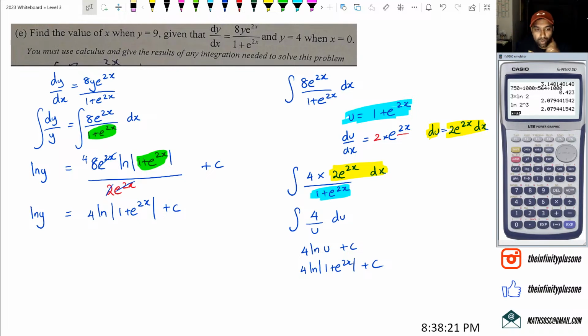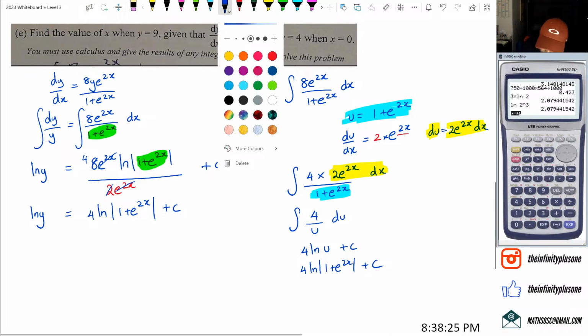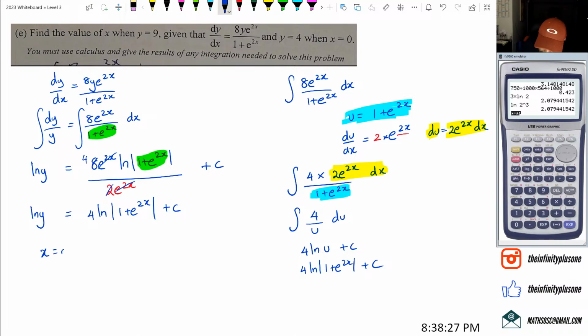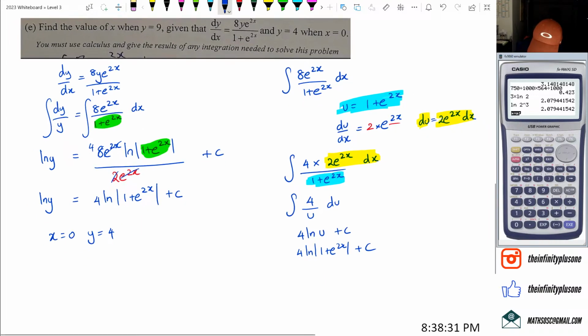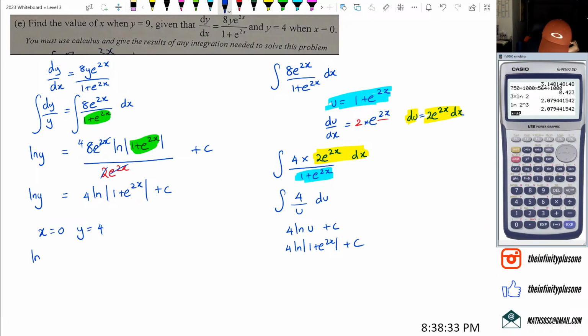All right, so we've got that now, and I guess the next step is we know that when x is equal to 0, y is equal to 4. So what we're going to do is we've got ln of 4. Reverse chain rule could work, but there's also another one, like f dash of x.